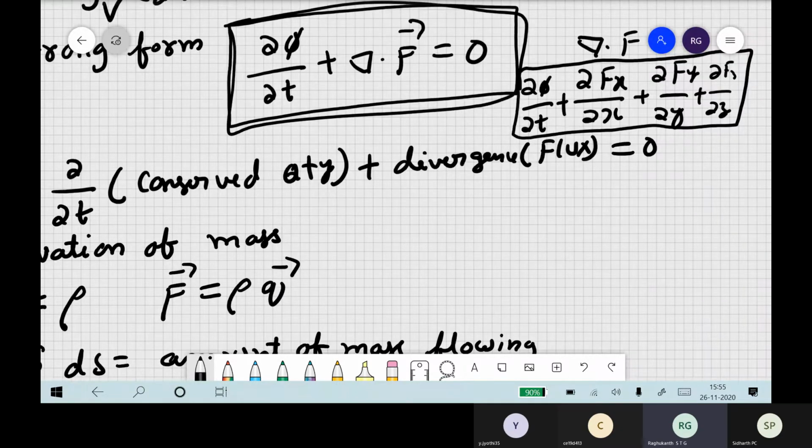If you see the displacement formulation in finite difference, what was the order of the equations? When you wrote it in the displacement formulation, what was the order of that equation?